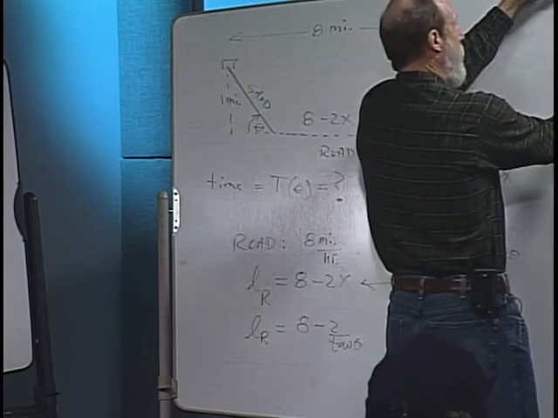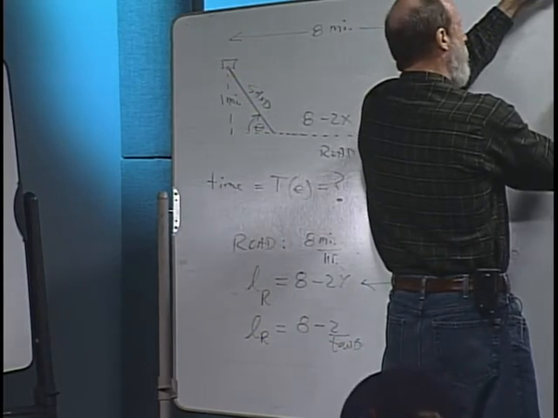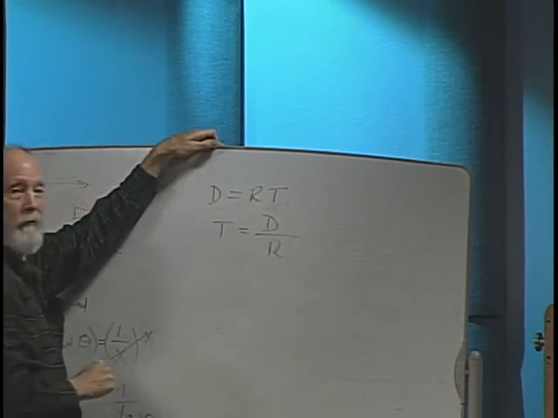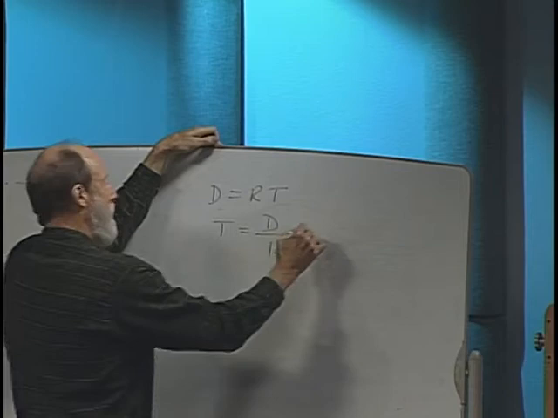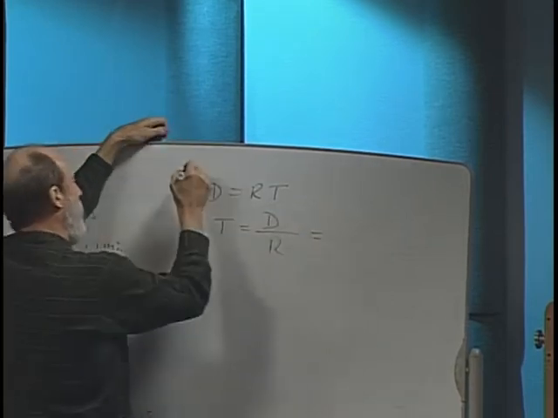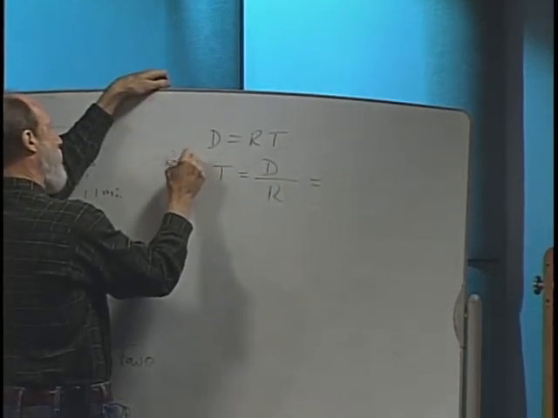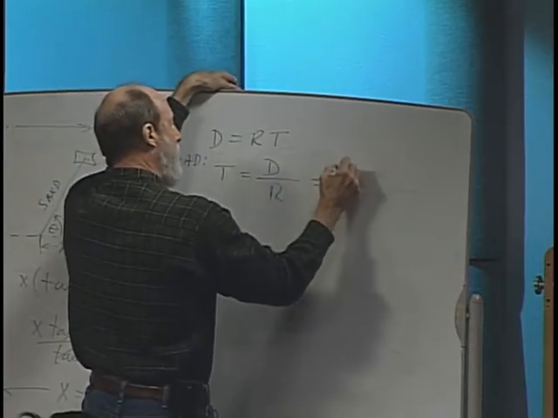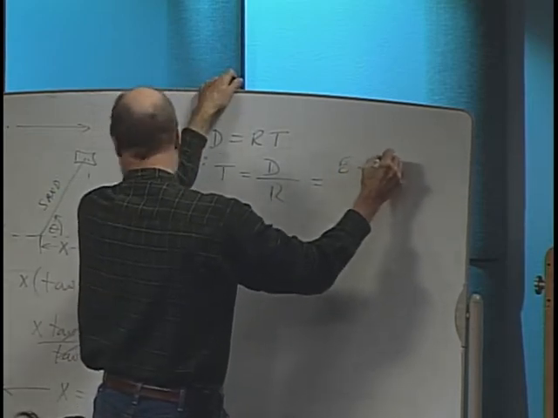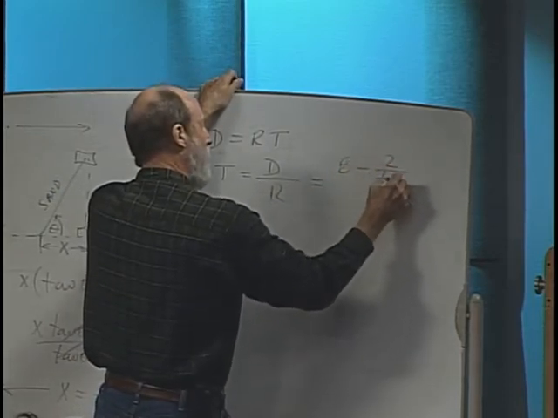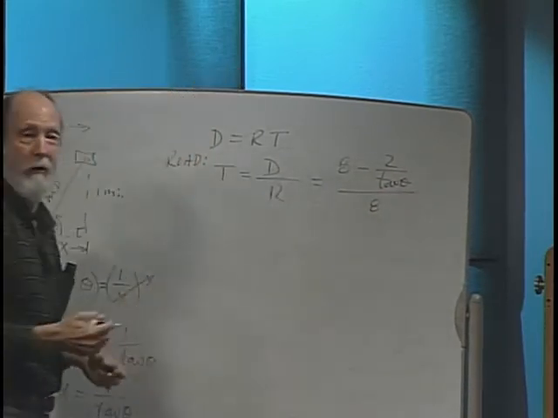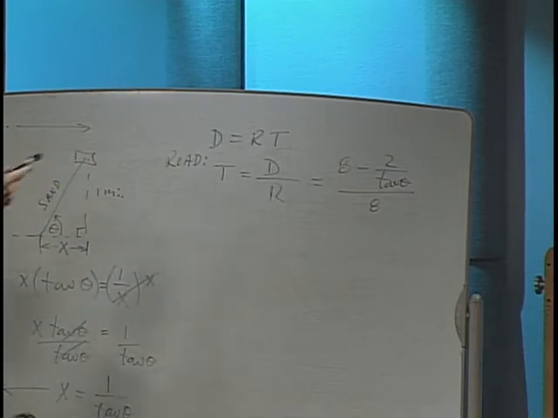If we wanted to find out the time she's spending on the road, we would take the distance that she's on the road and divide that by the speed that she's running. So while we're still on the road, the distance she's covered is 8 minus 2 over tangent of theta, divided by the 8 miles per hour that she can jog. So that's the amount of time she will take while she's running on the road.